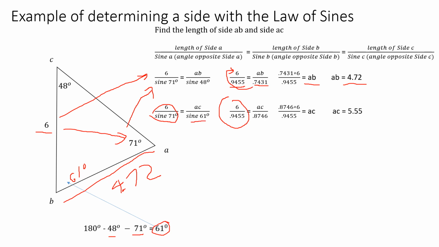Sine of 61 is 0.8746. Multiply times 6: 0.8746 times 6 divided by 0.9455 equals the AC length. And that ends up being 5.55. So now we've got all three sides and all three angles.